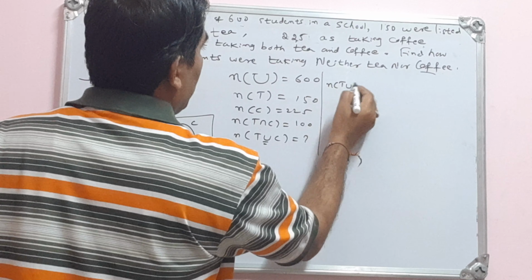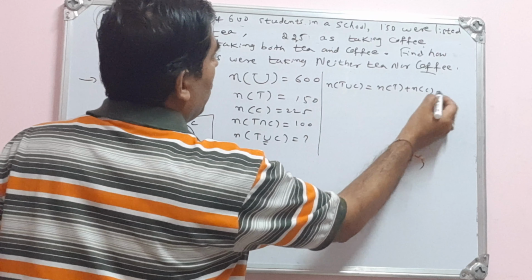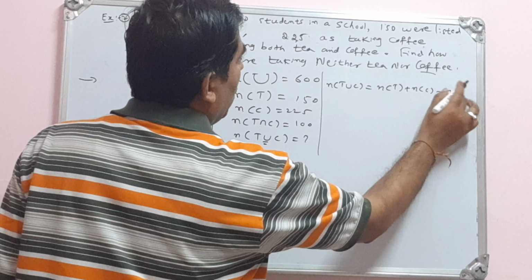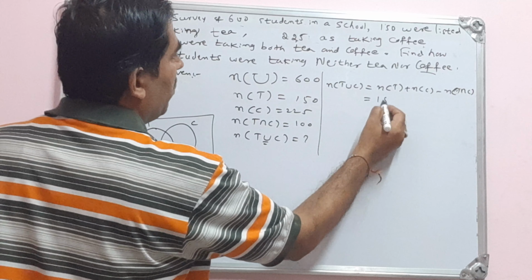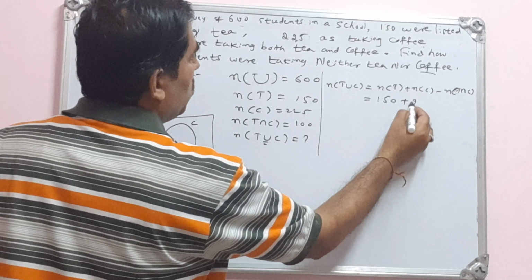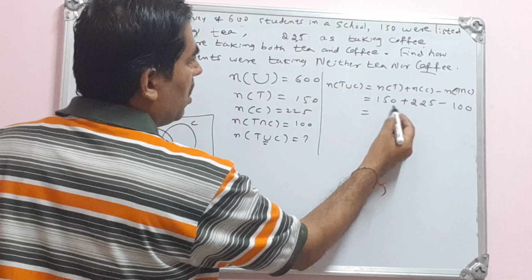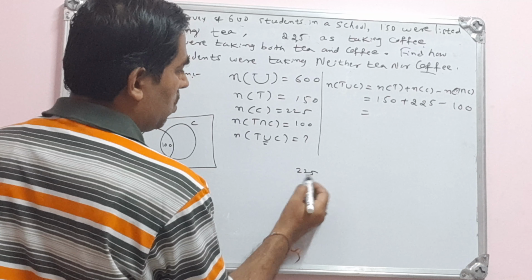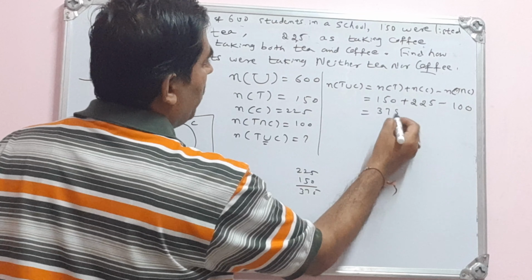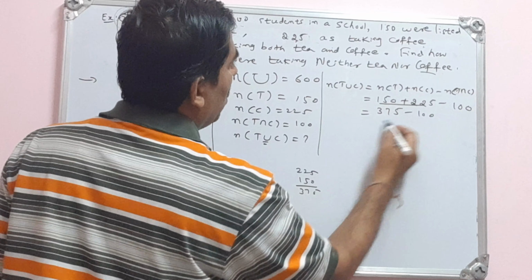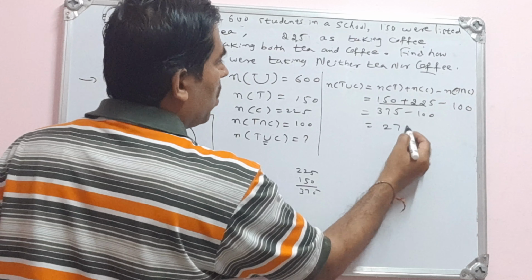Let me find n of T union C. How can we write it? n of T plus n of C minus n of T intersection C. So n of T is 150, plus n of C is 225, minus n of T intersection C is 100. I can add 225 plus 150, so I get 375, minus 100, so it will be 275.